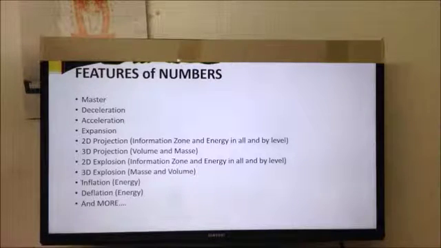This is about the bang. We are talking about the Big Bang in reality. So the 2-dimension explosion of the number will appear there. And also we will have the 3-dimension explosion.